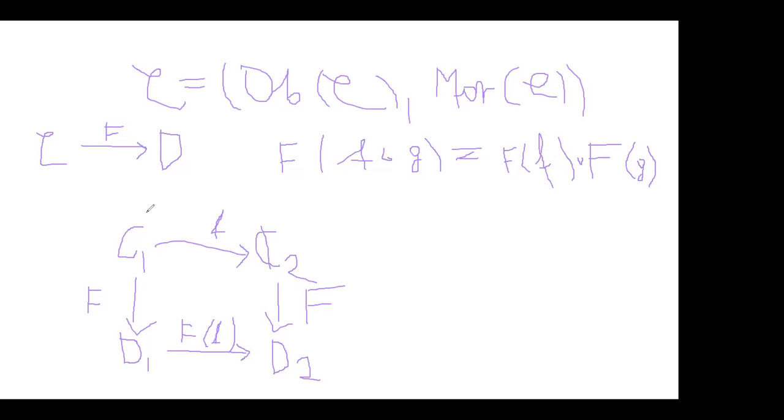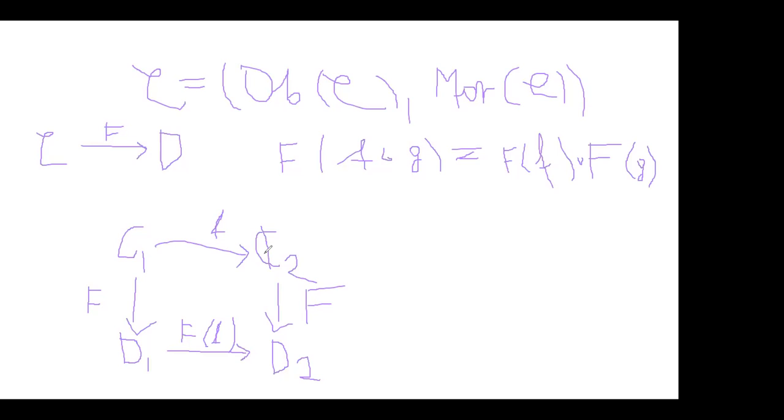So if I have a finite path which starts in a vertex C1 and ends in a vertex C2, and I'm mapping it to a finite path which starts in a vertex D1 and ends in a vertex D2, then this vertex D1 must be the image of vertex C1, and the vertex D2 must be the image of vertex C2. This is very important, that the start points and end points agree.